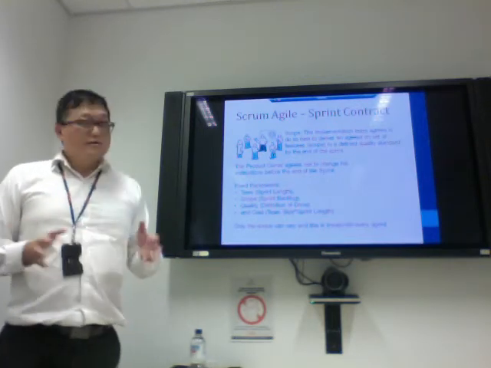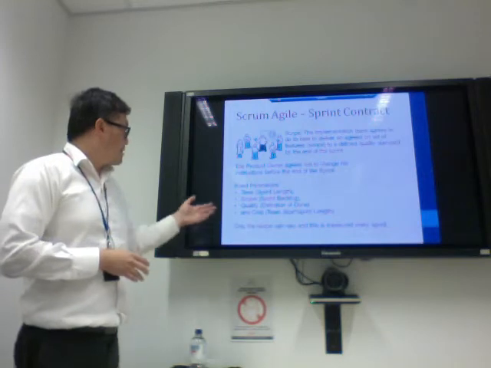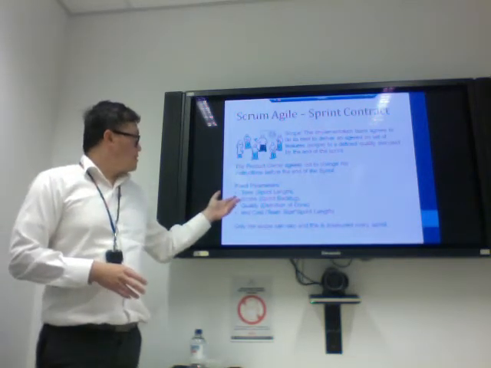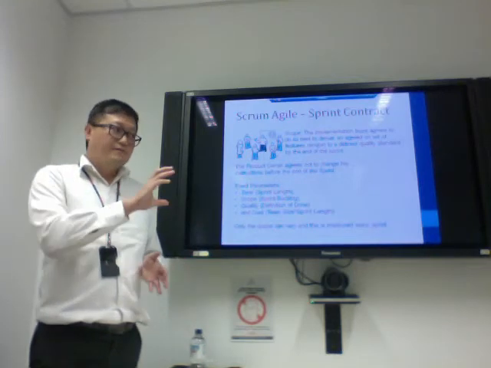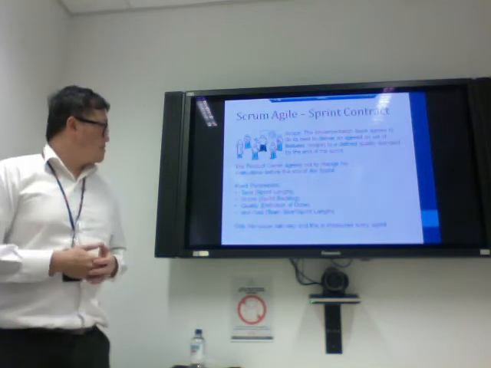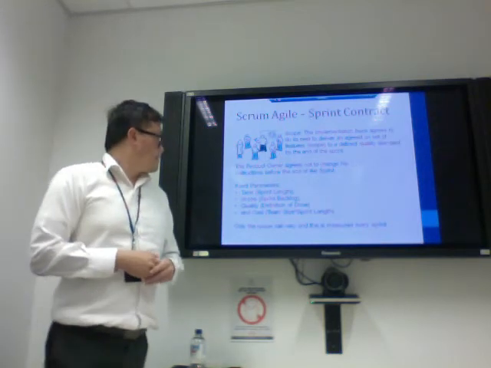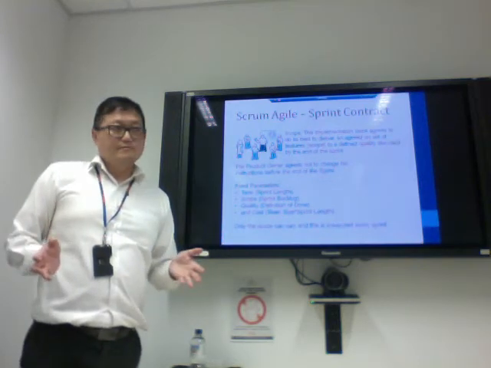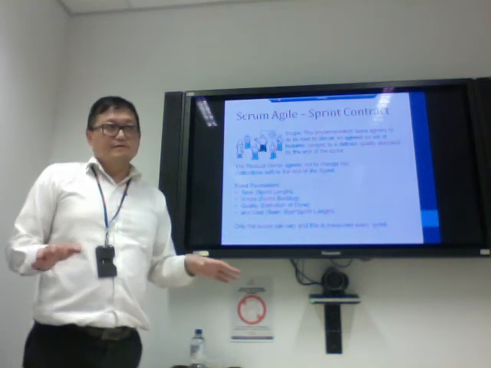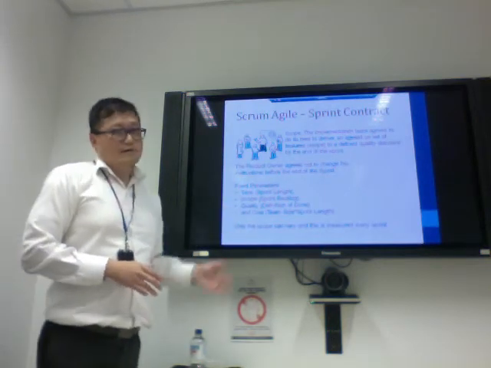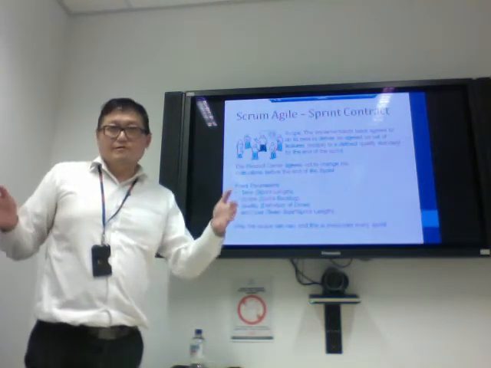The things that are fixed in a sprint are: the time, how long the sprint is, which is agreed upon; what items to be taken from the product backlog to be worked upon, which will be proposed by the team to the product owner; the quality of work, so there would be a definition of done, which is an agreed upon set of standards by which all the work items will be delivered; and the cost, which is how big the team is and how much time is allocated for each sprint.